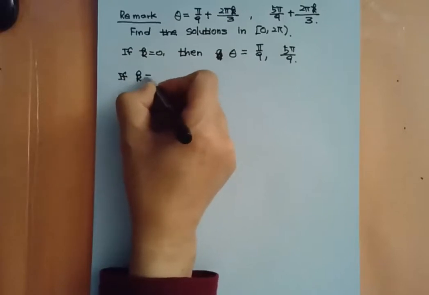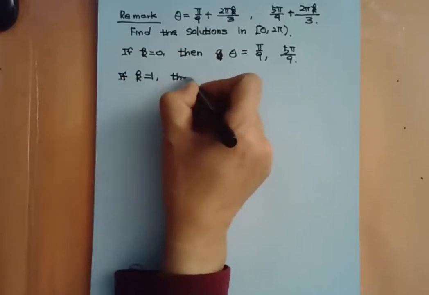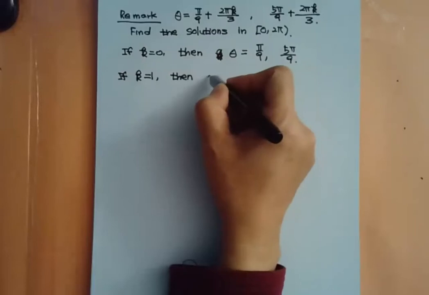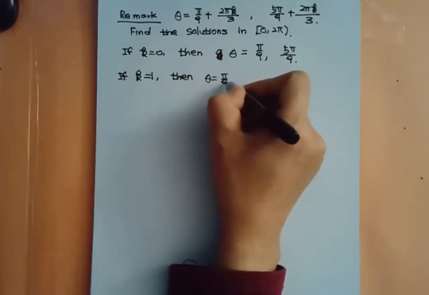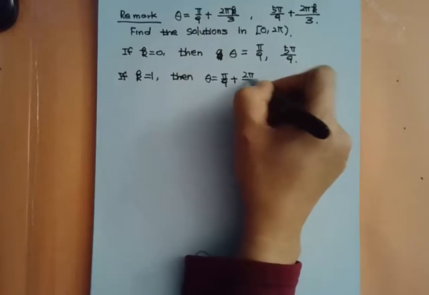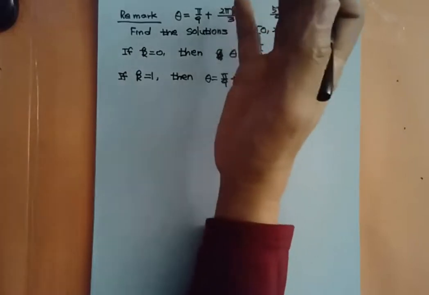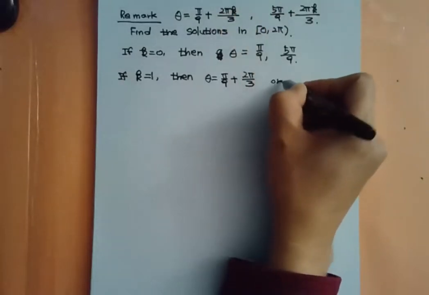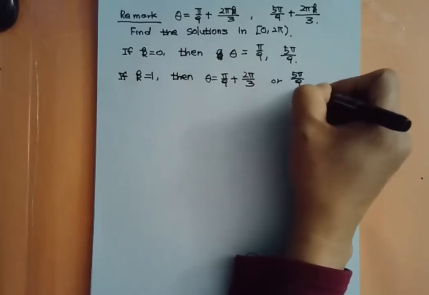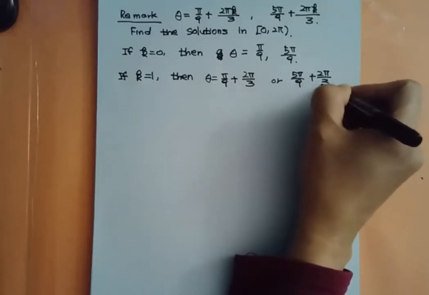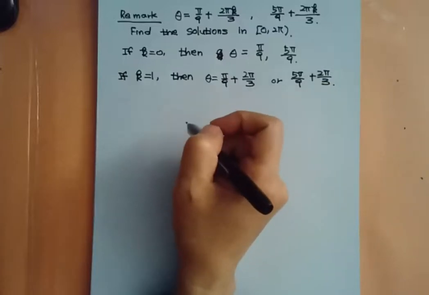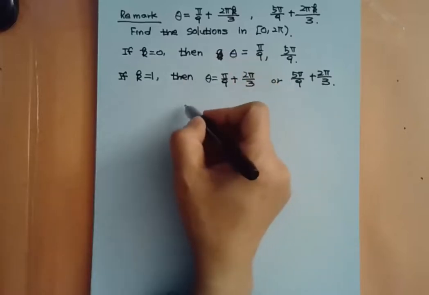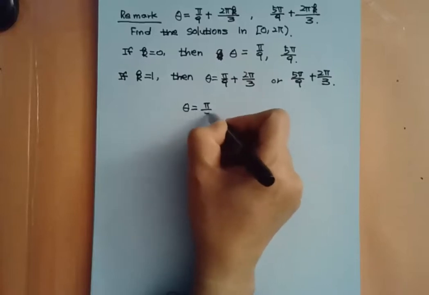If k equals 1, then of course we plug in 1 here. Then we get theta equals pi over 9 plus 2 pi over 3, since k equals 1 and thus nothing changes, so we just copy this part. Or 5 pi over 9 plus 2 pi over 3. We want to make this into one fraction, so we think about the common denominator.